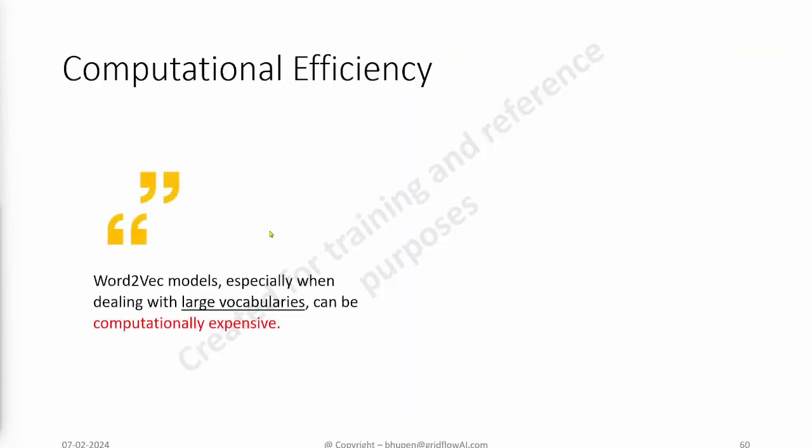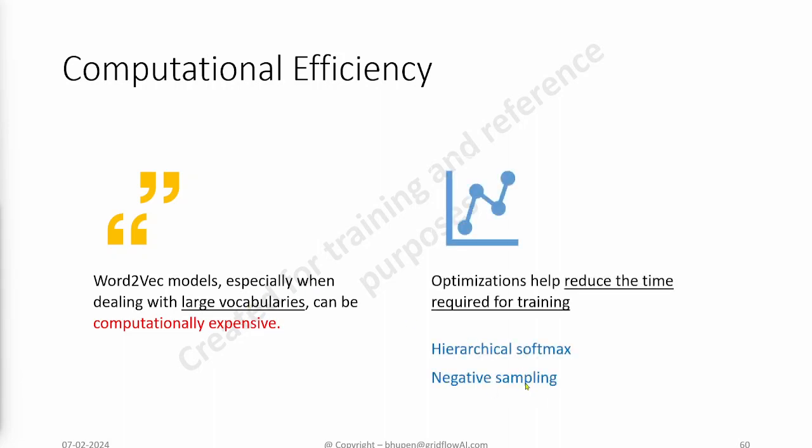Computational efficiency is a big question with the vanilla Word2Vec model. In order to speed up the training, we have to optimize the way the softmax probabilities are computed. One of the methods that we saw was hierarchical softmax. In this video, I'll be talking about negative sampling.